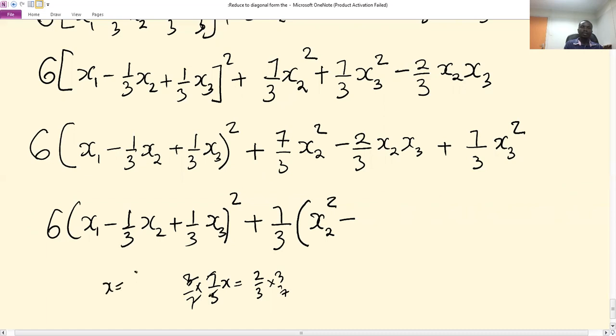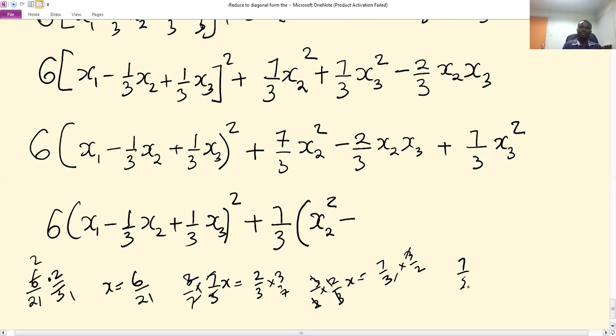So 2/3 times x equals 7/3, so it should be 2/7.